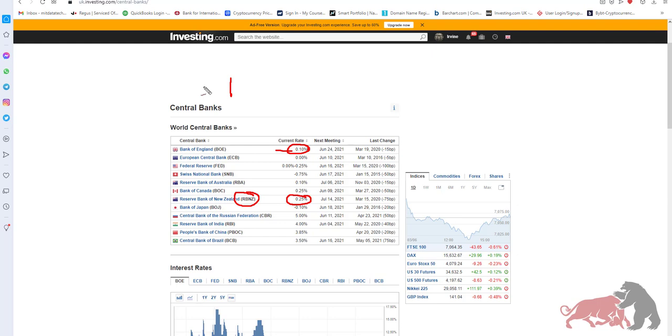What do you need? When dollar is bullish, remember, you look for a low rate country that you pair with a higher rate country. In this case, low rate country being England, Bank of England. We've got the pound. Higher rate interest country, New Zealand, which has got 0.25%, right? We've got our pair.